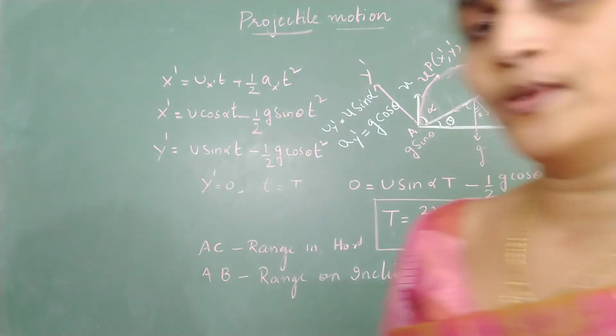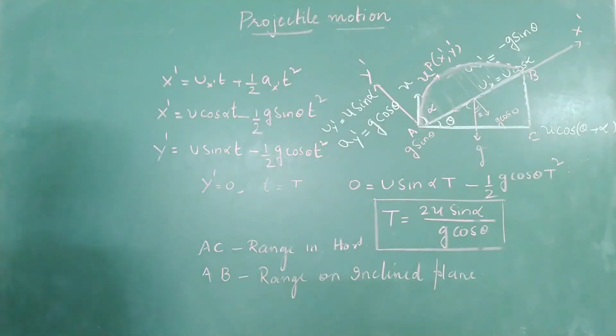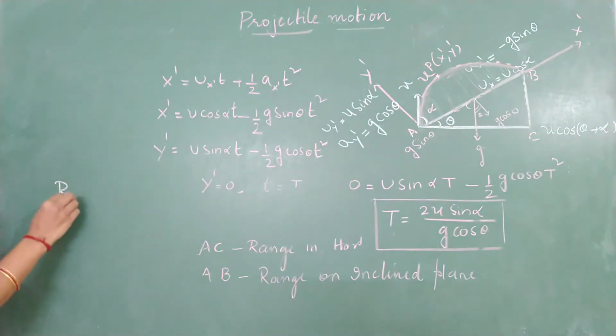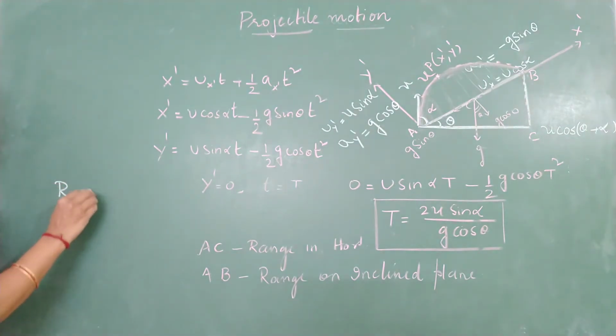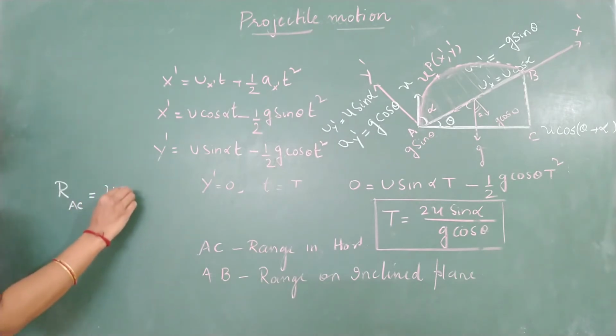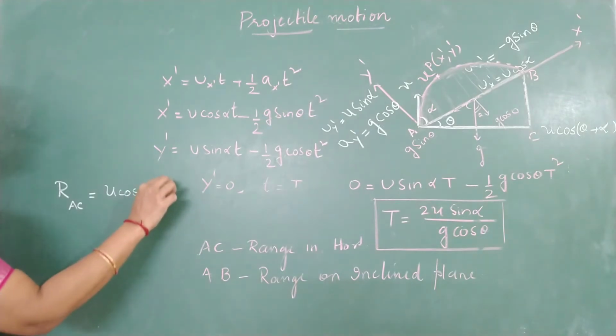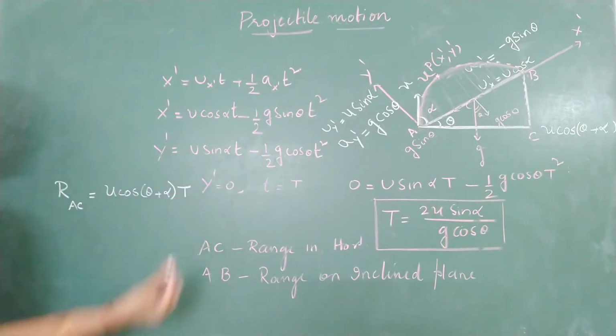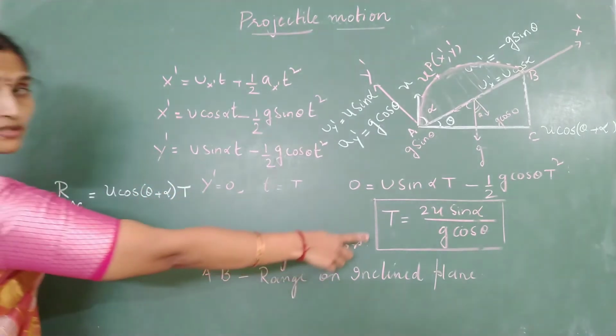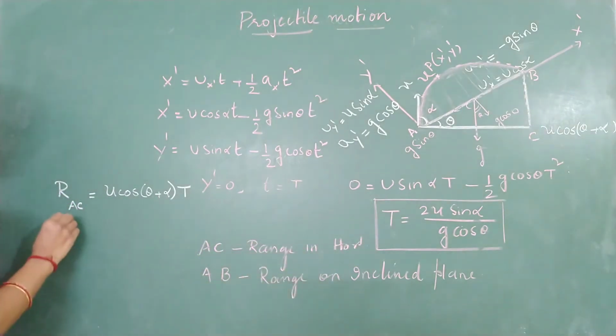So if you know the component of velocity, look at the range. Range AC along the horizontal is velocity along the horizontal, u cos(theta plus alpha), into time of flight. Already we know what is the time of flight. Substitute that.